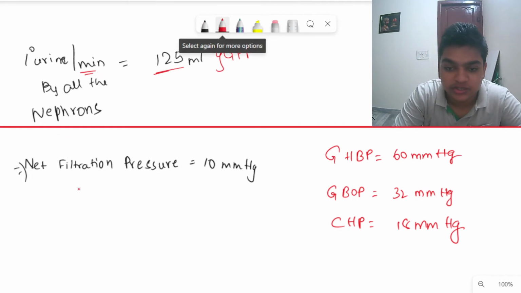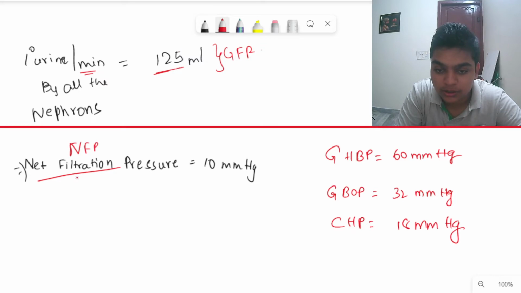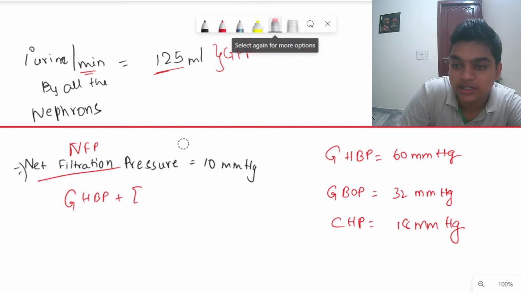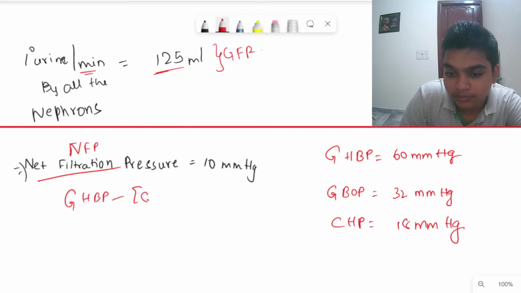Now we were discussing how to calculate this NFP, net filtration pressure. GHBP minus GBOP plus CHP.